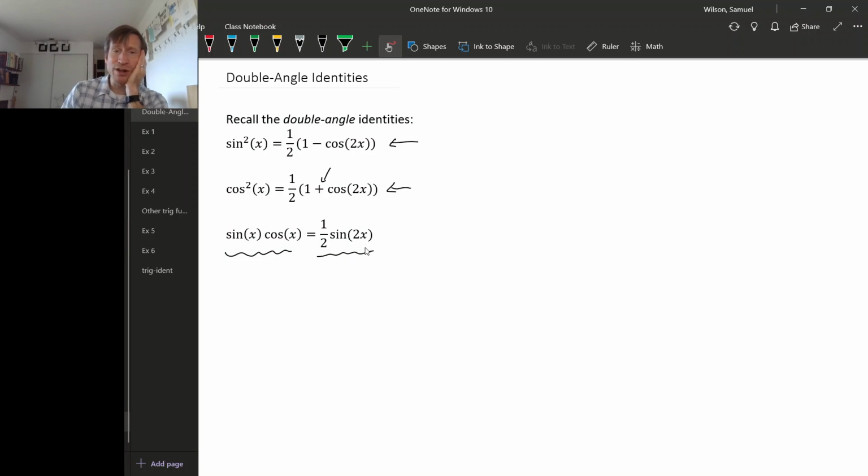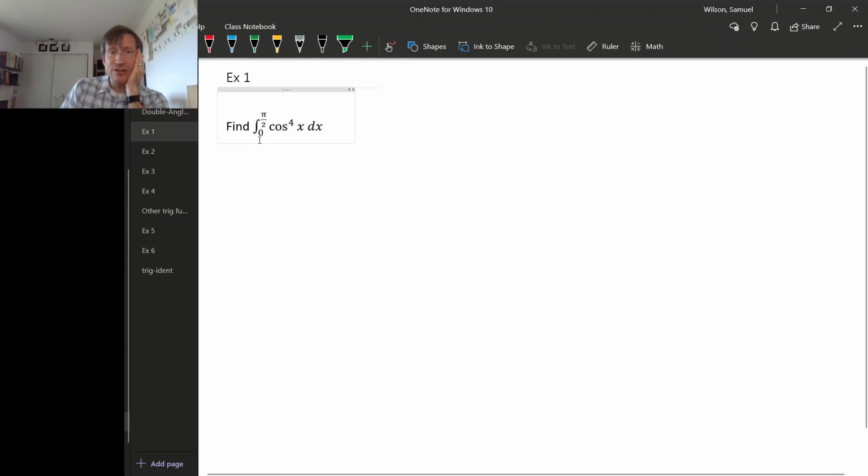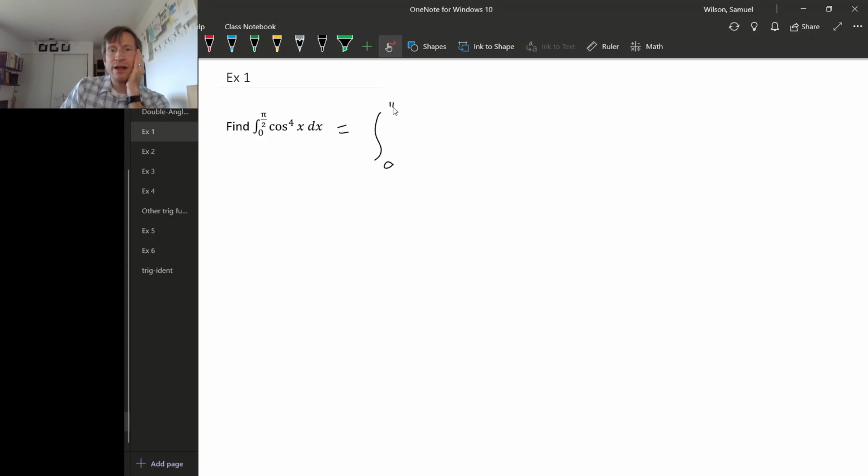So let's look at one more example where we can use these identities. Let's find the integral from 0 to pi over 2 of cosine to the 4th x. Well, we don't have an identity for cosine to the 4th, but cosine to the 4th is cosine squared, squared.